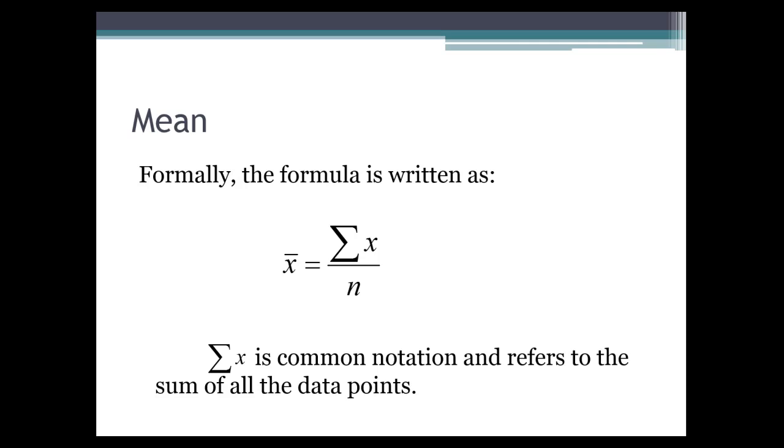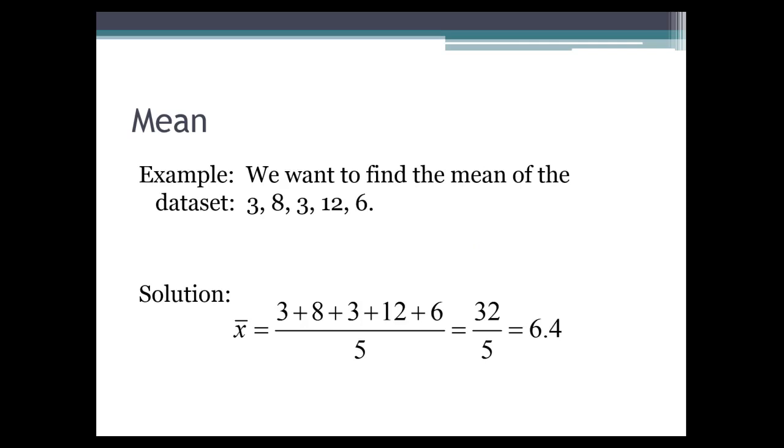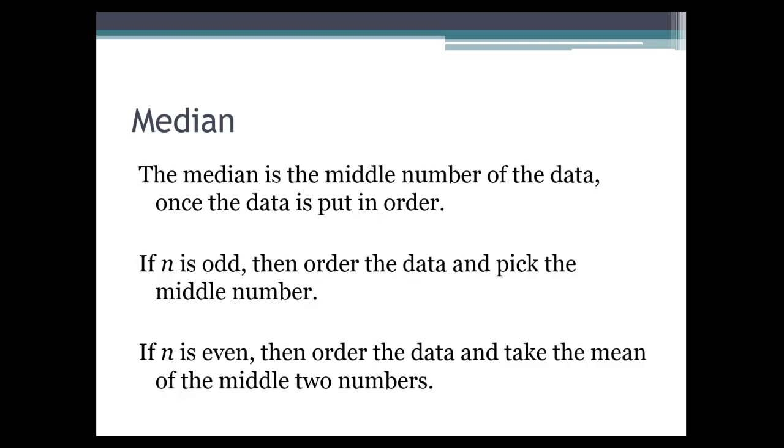Anyway, we're not going to be intimidated by notation. This is just take the sum of all the observations and divide by however many there are. I'm not going to go through this calculation because I know you know how to do it. But if you have any questions about that, let me know.